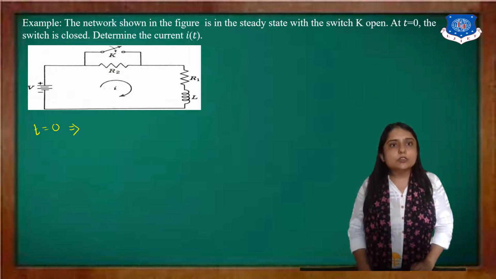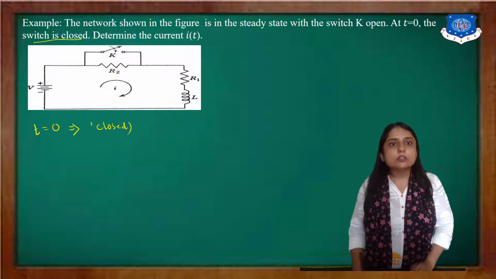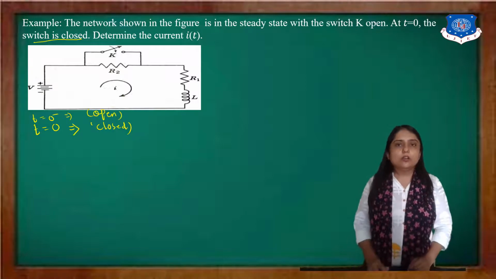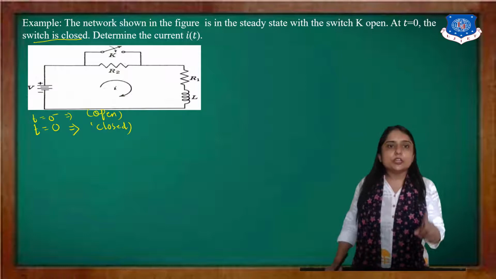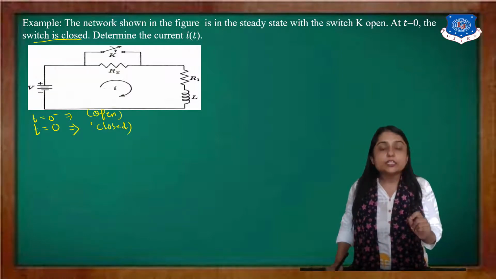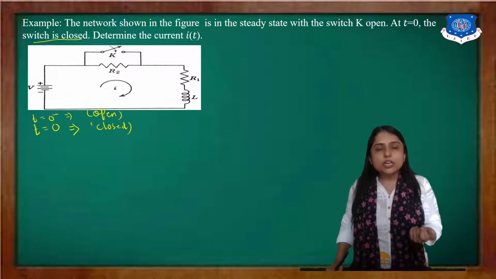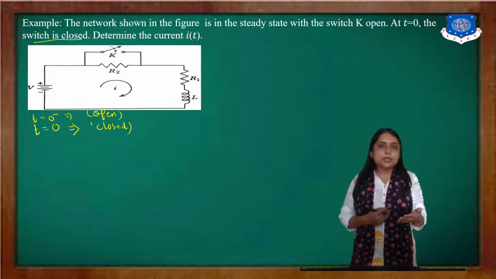At t equal to 0 the switch is closed, so we have to consider the switch position as closed. At t equal to 0 minus, my switch is definitely open. But this is not an example of initial conditions, because here it is given directly. You just find the value of i of t. It's not like you have to find the value of i of 0 plus or i of 0 minus.